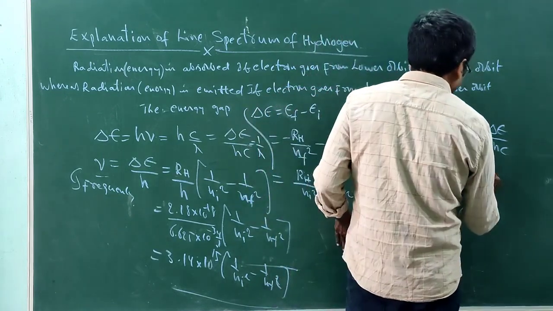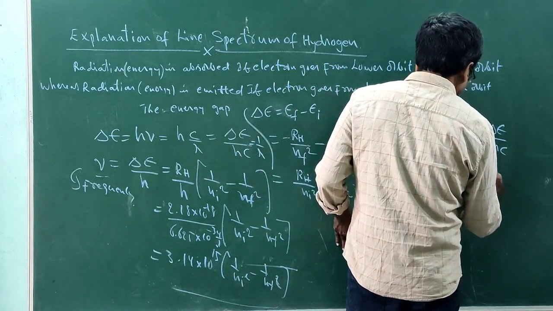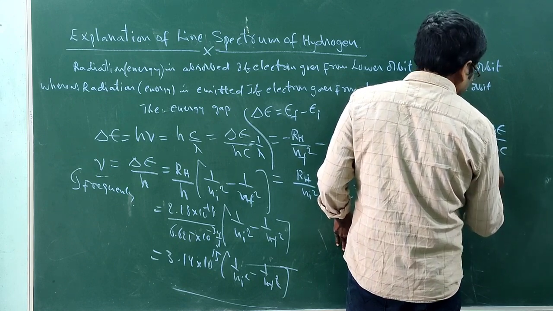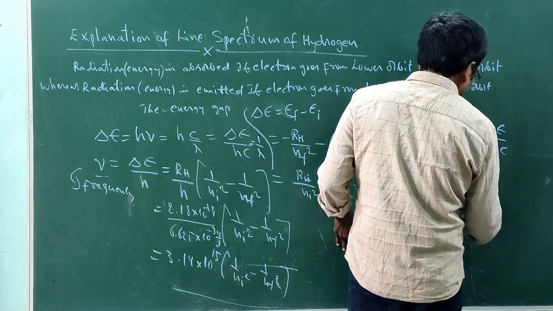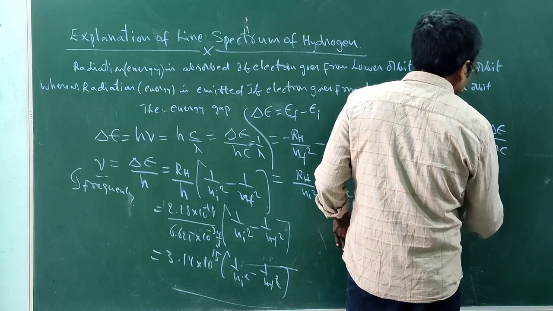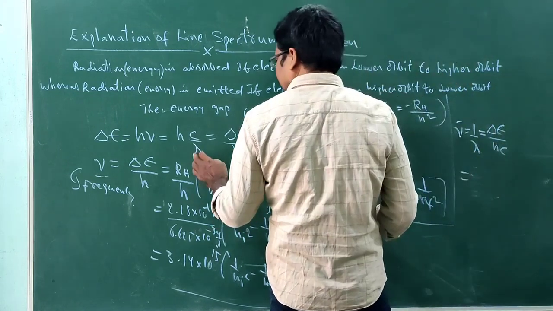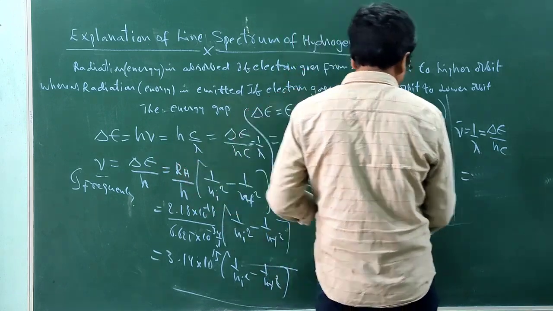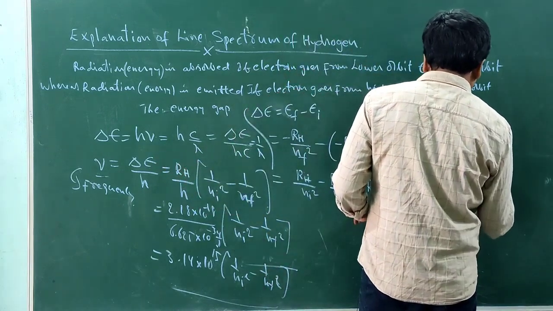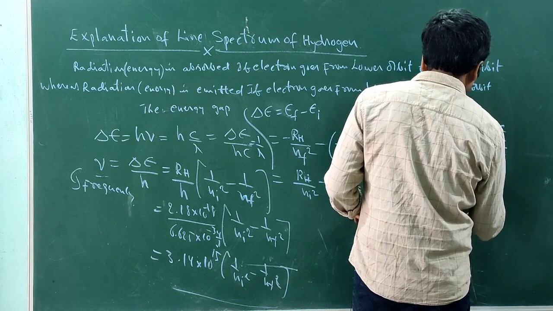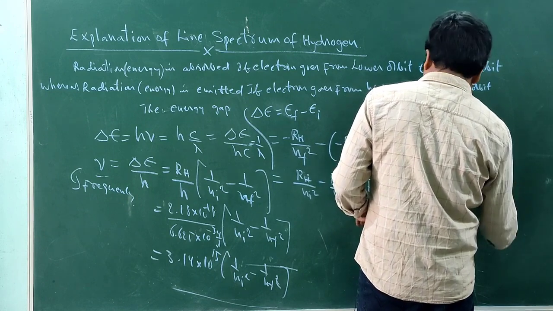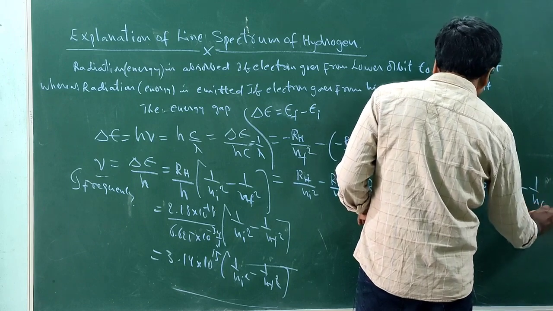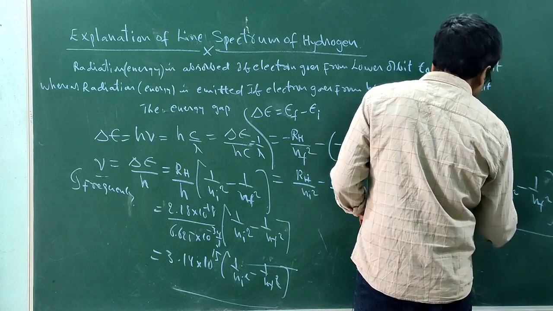Okay. Del E by hc, you may write like this. Value of del E, okay. This is the del E value, RH by hc, 1 by Ni square minus 1 by Nf square.